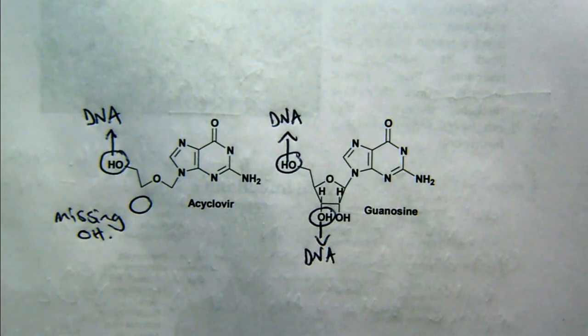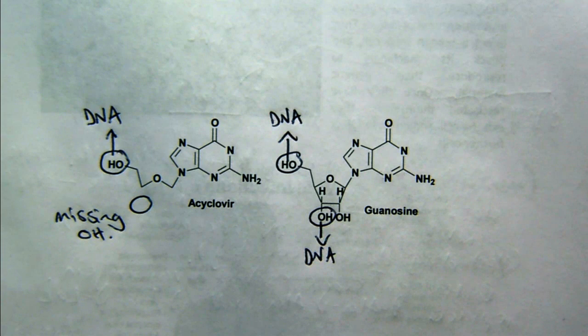So that means that if the virus is trying to make DNA within your cells, and there's lots of Acyclovir around, the virus will grab an Acyclovir instead of a guanosine, build it into the DNA, it's got all the right hydrogen bonding bits, and then the chain will terminate because there's no way of building the phosphate chain out of the bottom of the Acyclovir.